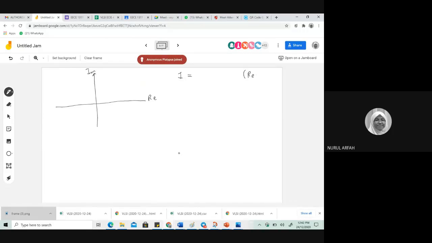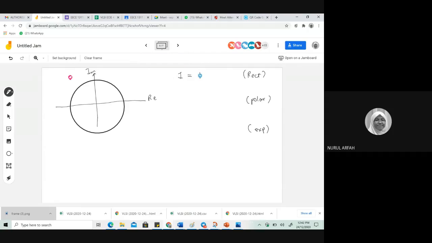Maybe someone wants to volunteer for rectangular form. Maybe someone wants to volunteer for polar form and exponential. Okay, very good. But usually we write this in terms of 1 plus j 0, not the other way.